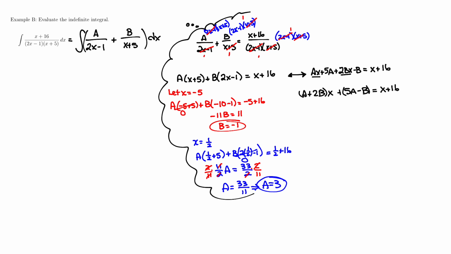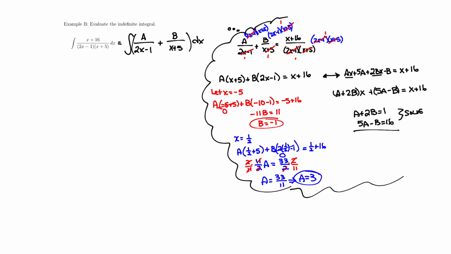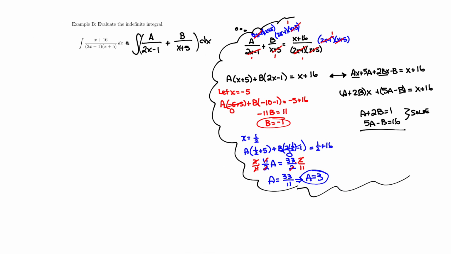And so you could set up a system of equations: a plus 2b is 1, 5a minus b is 16. You could solve that system and get the same thing if you wanted to do it that way. All right, any questions? Did everybody get b negative 1 and a 3, however you chose to solve?